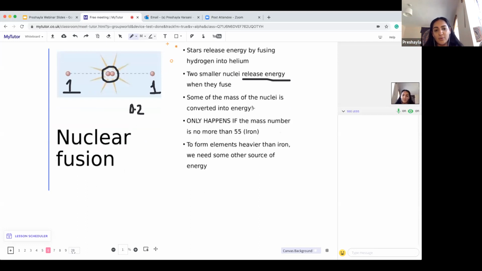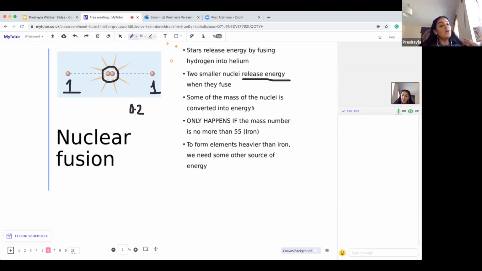Now, another important fact about nuclear fusion is that it only happens if the mass number is no more than 55. So our top number in the periodic table is no more than 55. There's a whole explanation for that, which you don't need to go into for your GCSE, but actually 55 is the mass number of iron.